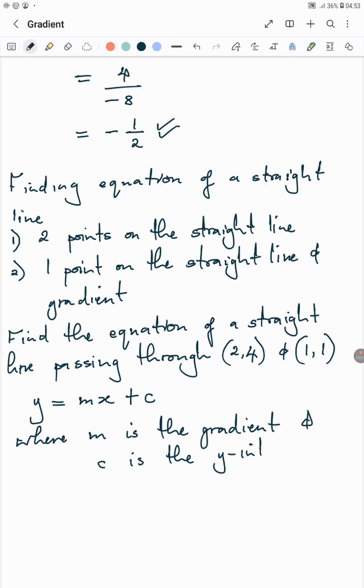By intercept we mean where it crosses the y-axis.